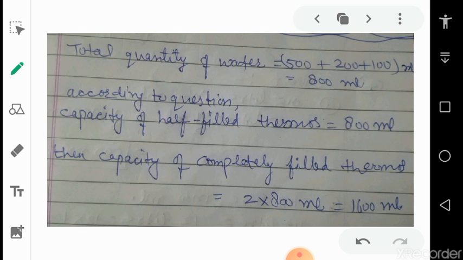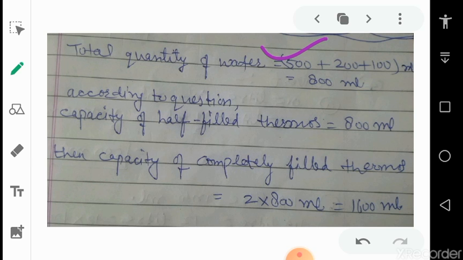Total quantity of water equals 500 plus 200 plus 100, that is equal to 800 ml together.